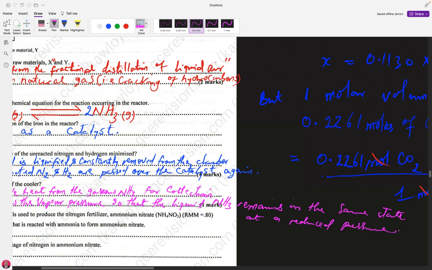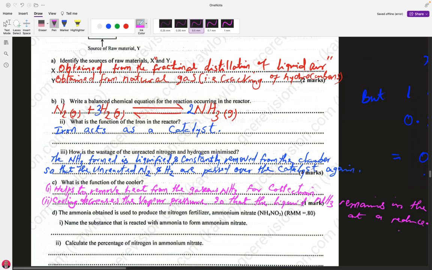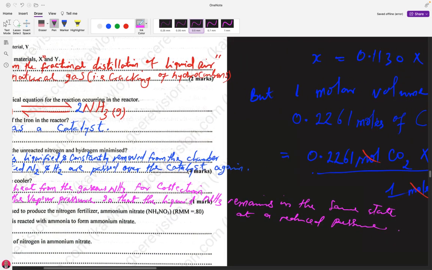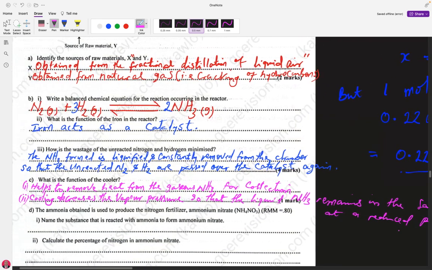So what you just need here is: one, it helps to remove heat from the gaseous ammonia for collection; two, cooling also decreases the vapor pressure so that the liquid ammonia remains in the same state at a reduced pressure.